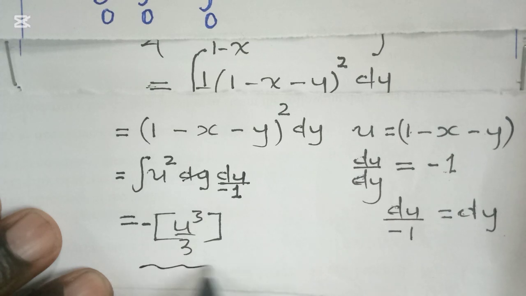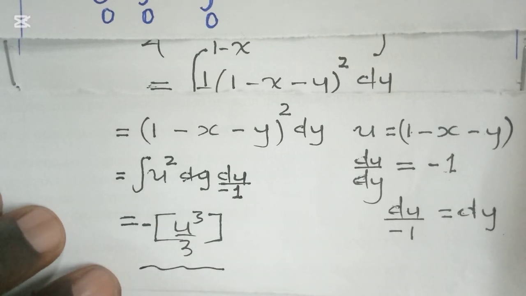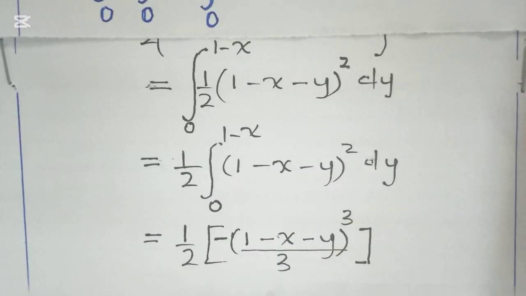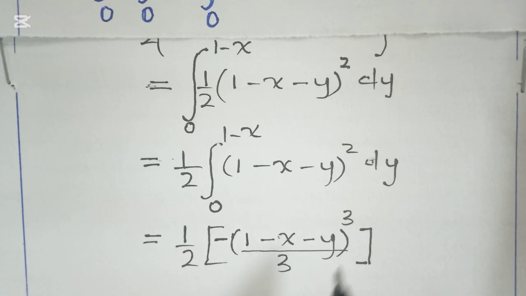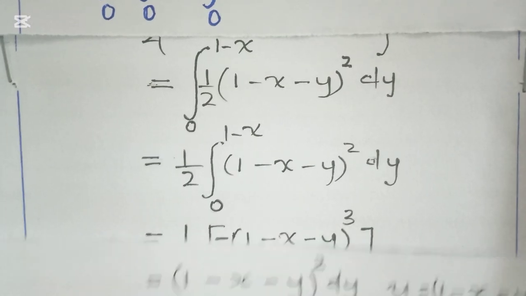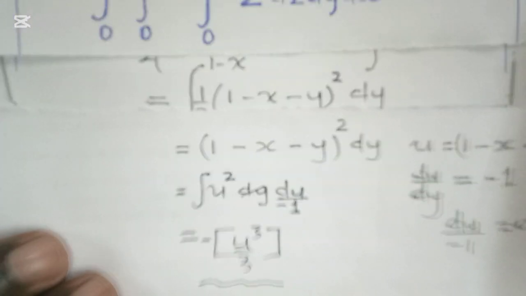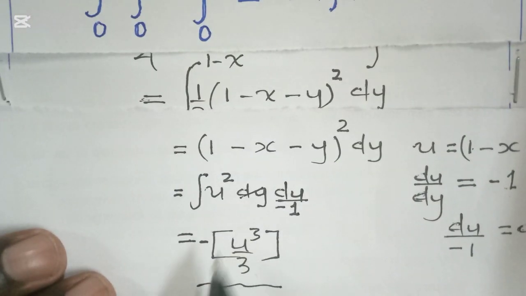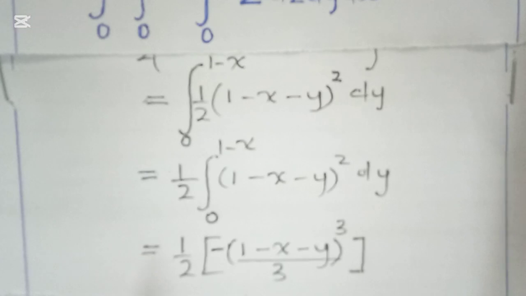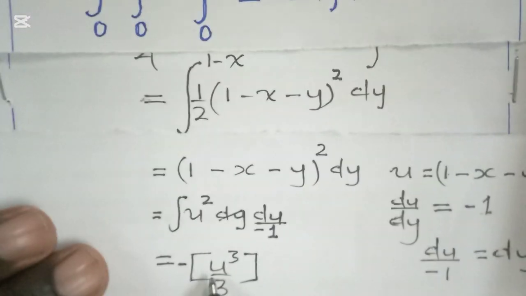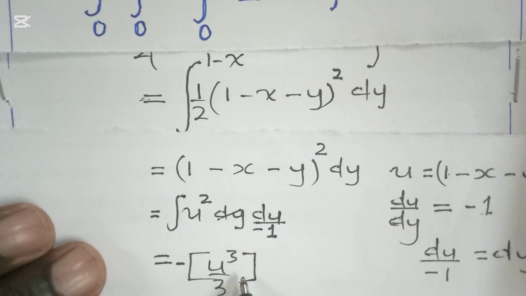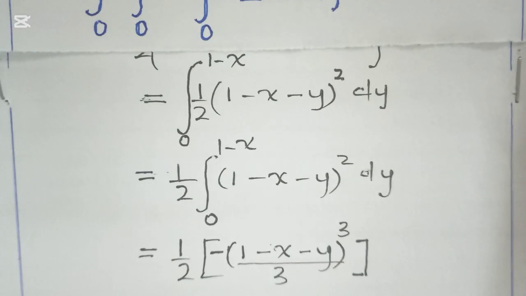So that's how I can explain how I get this. As you can see, this is still the same, u cubed all over 3 with a negative, and the u represents 1 minus x minus y.